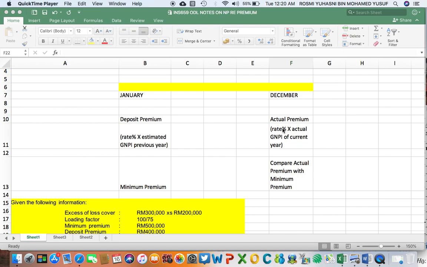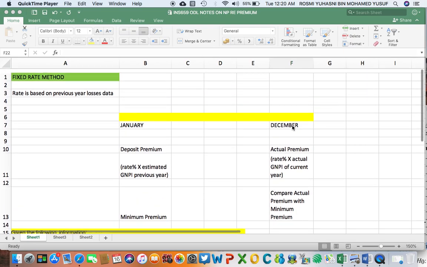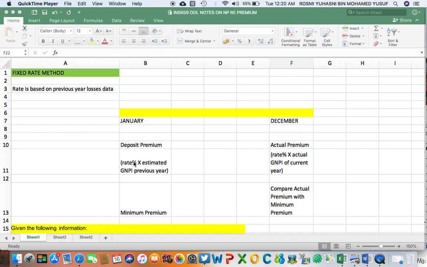Please take note that the reinsurance premium rate used for the deposit premium and the actual premium under the fixed rate method is the same rate.